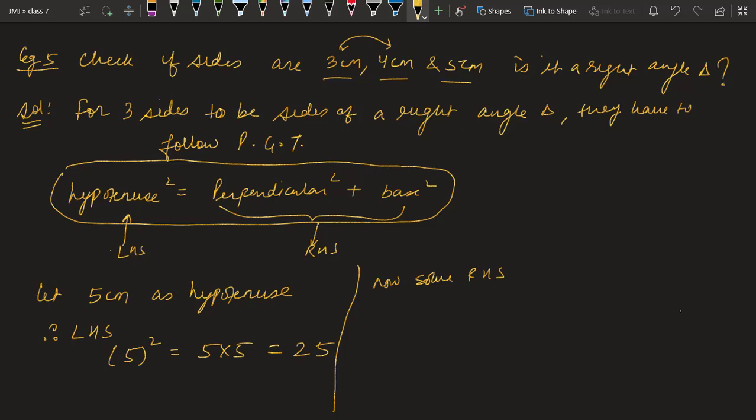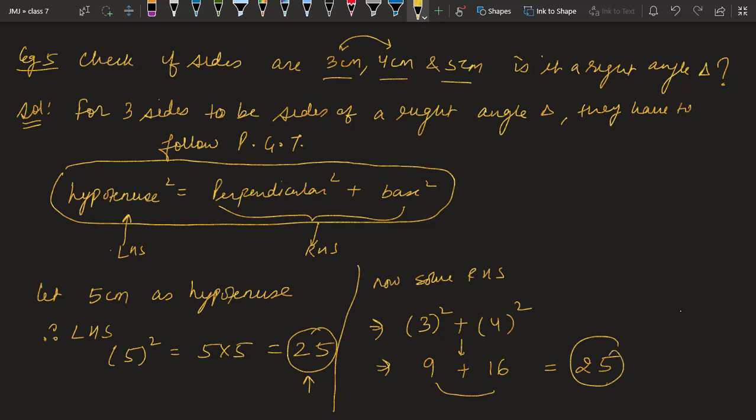Now just find the value 3 square plus 4 square and check. 3 square means 9, then plus 4 square which is 16, and luckily their sum is coming out as 25. And you can see here also the sum is 25, here also the sum is 25.